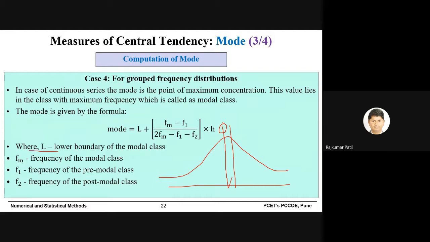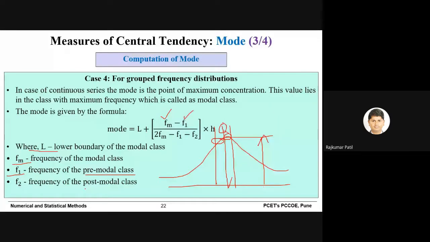Fm is the frequency of the modal class. F1 is the frequency of the pre-modal class. So before this, there is one more class. For this particular class, you need to find out the frequency, that is F1.